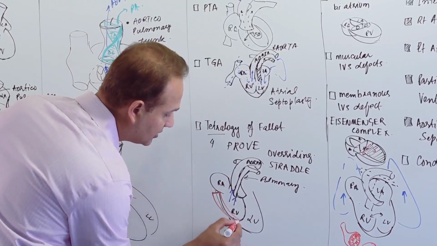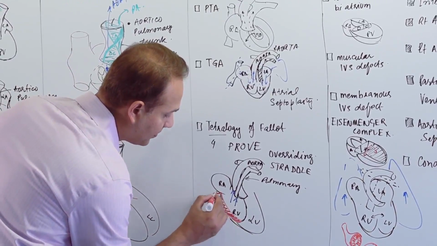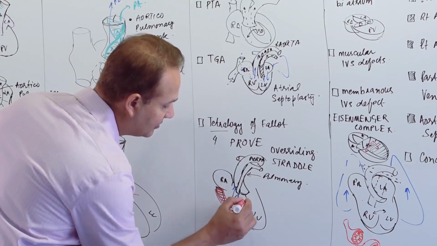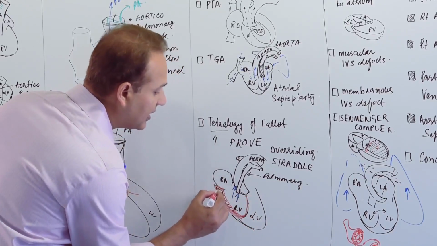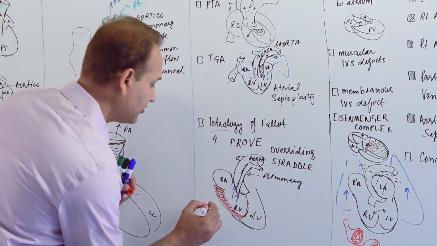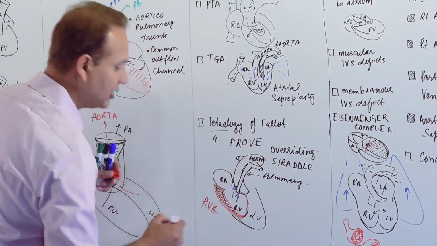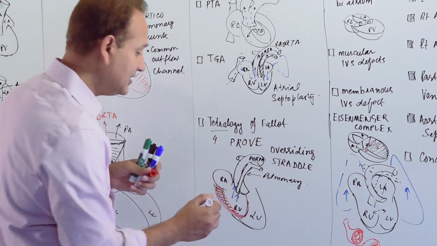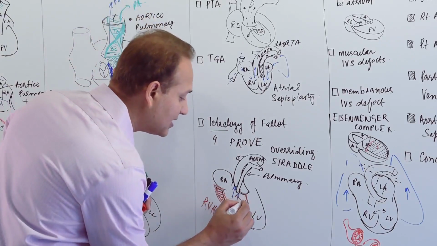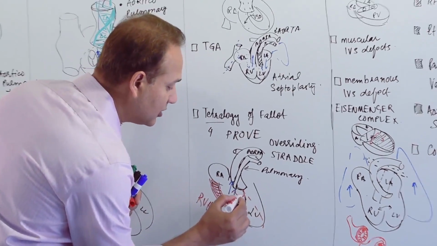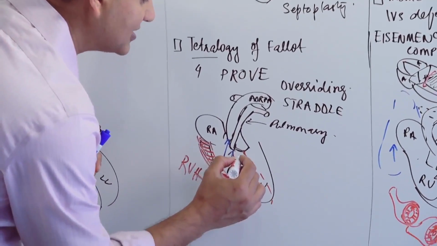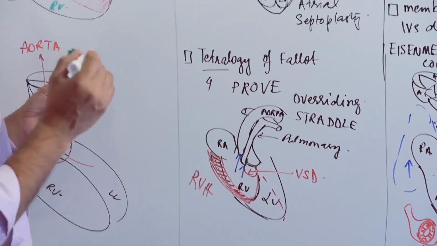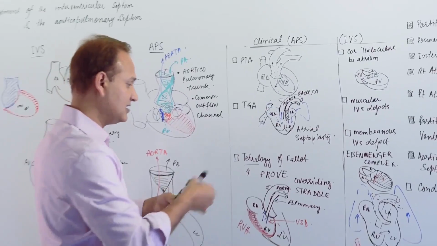So we got a hypertrophied right ventricle. And finally, because of this abnormality, it's a septal defect, that means the membranous interventricular septum would also have a defect, and so there is a VSD present, a ventricular septal defect. So these are the 4 things that are seen.